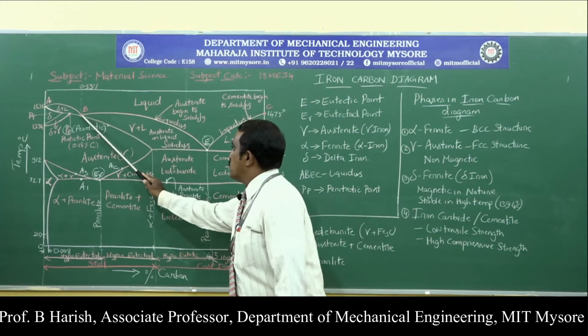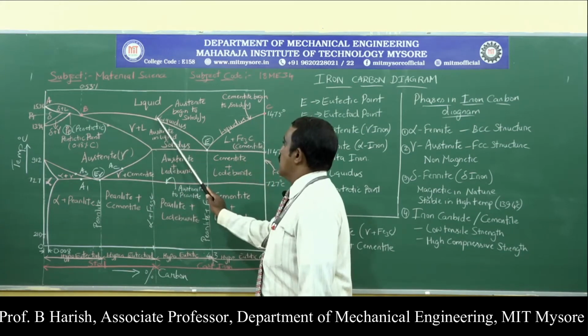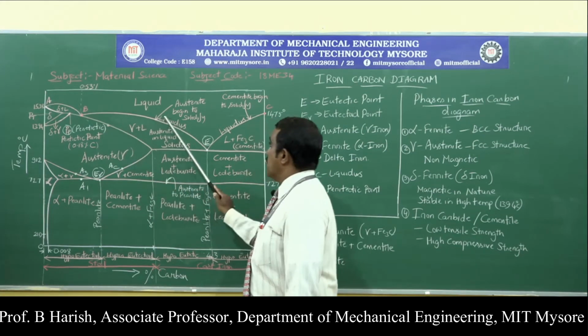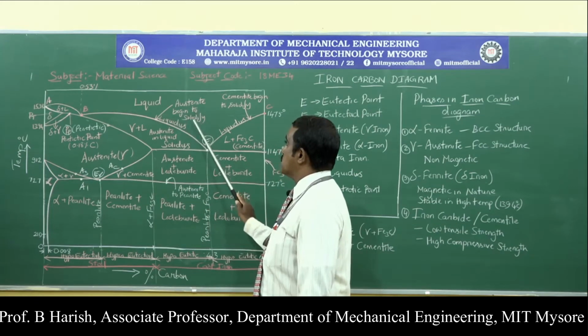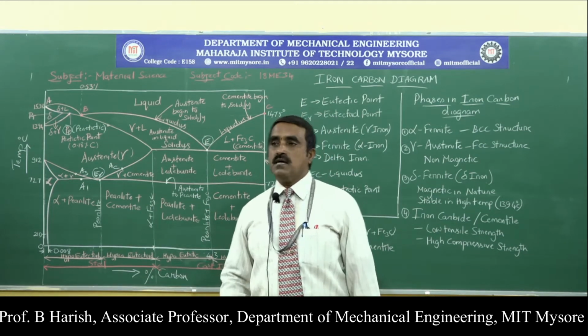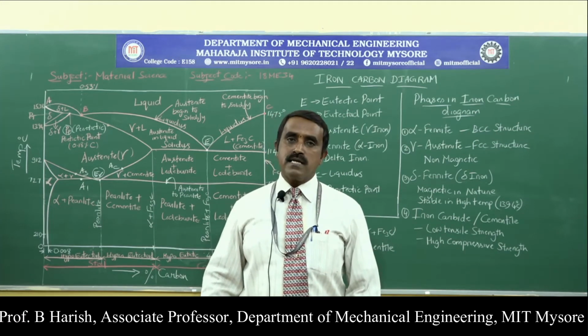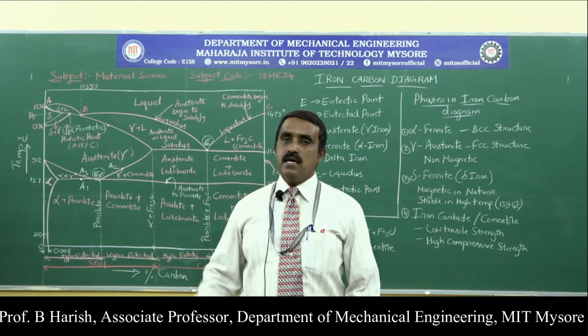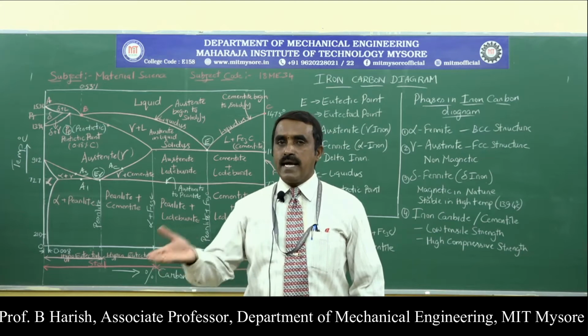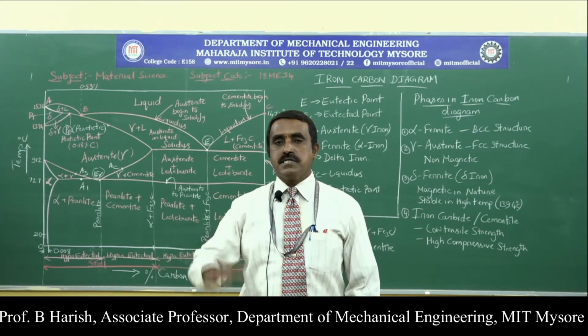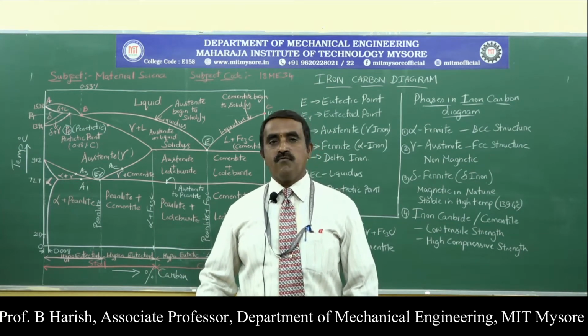Now this curve BE is also a liquidus line. It is the point where austenite begins to solidify. Austenite is the stable iron state. As the temperature drops, it becomes unstable and changes into different allotropic forms of iron.